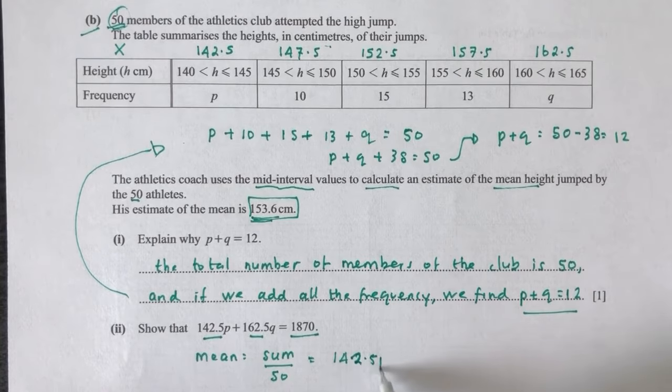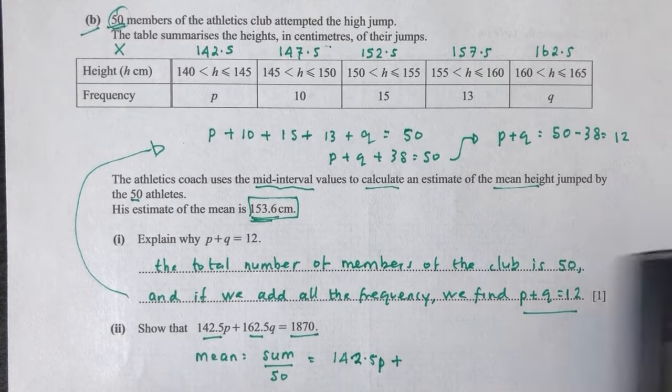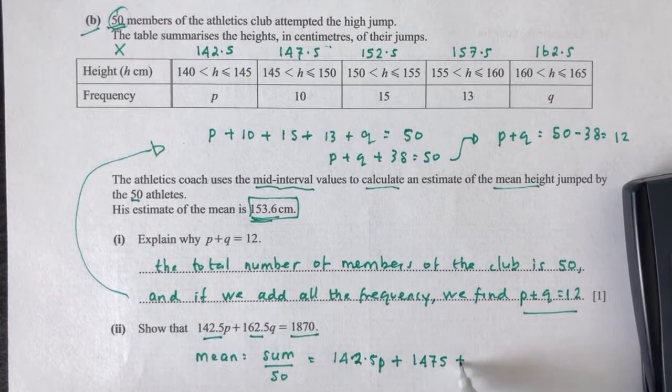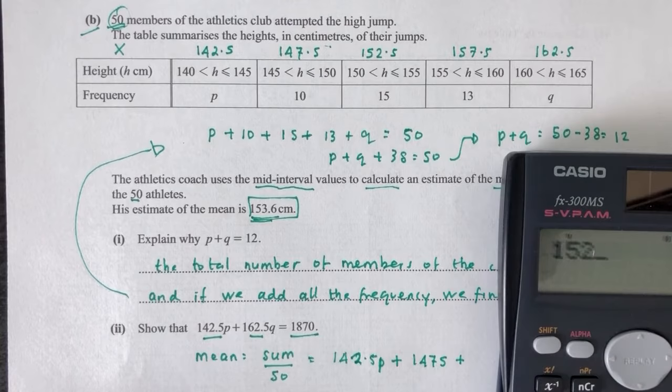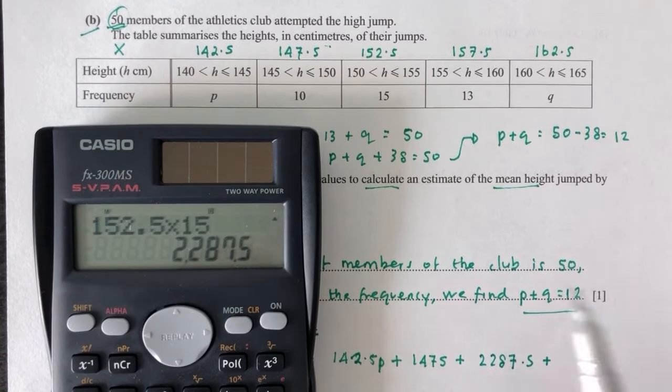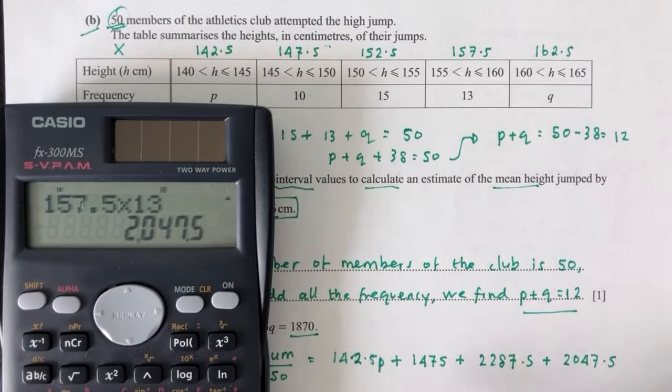142.5 times P plus what is 147.5 times 10? It will be 147.5 plus 152.5 times 15, that will be 2287.5 plus 157.5 times 13, that will be 2047.5, and then the last one will be plus 162.5Q.